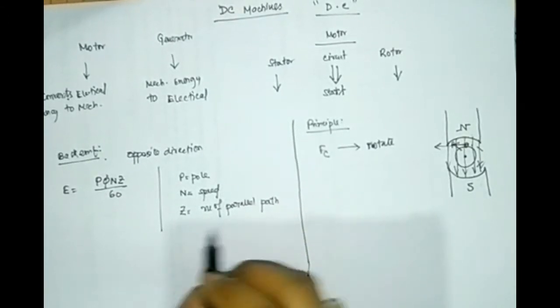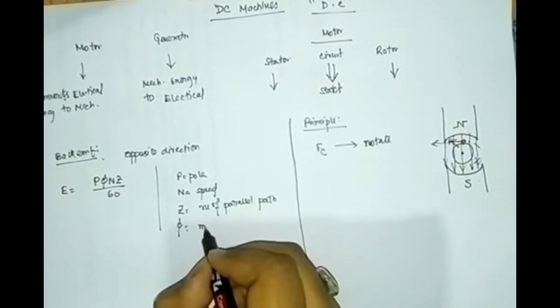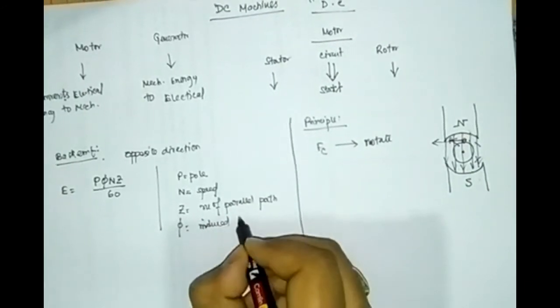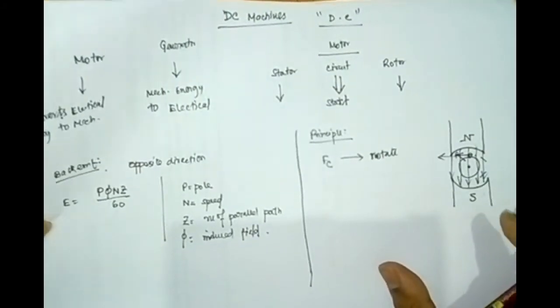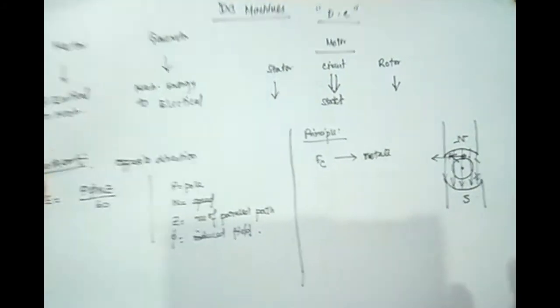And phi is the induced field. Now I am drawing the equivalent circuit of the DC motor. So here it is, the equivalent circuit of the DC motor.